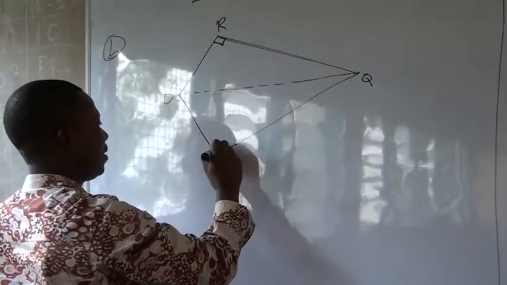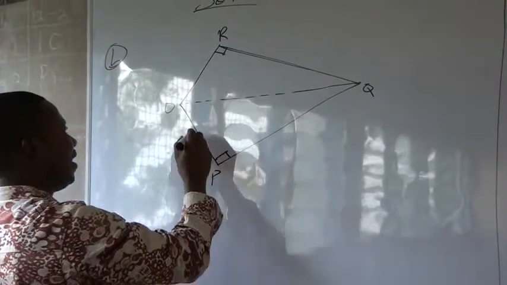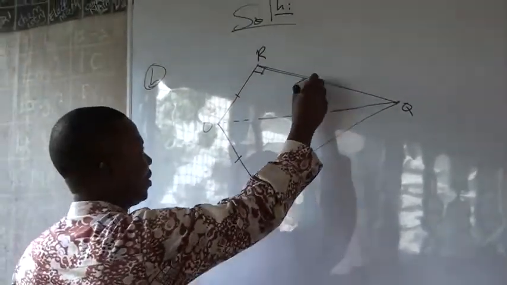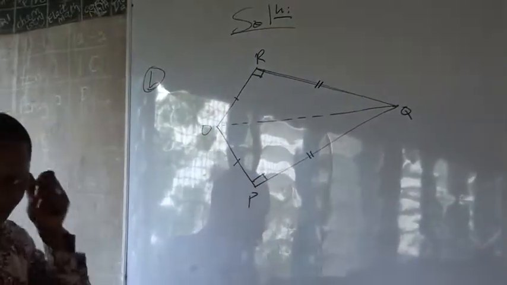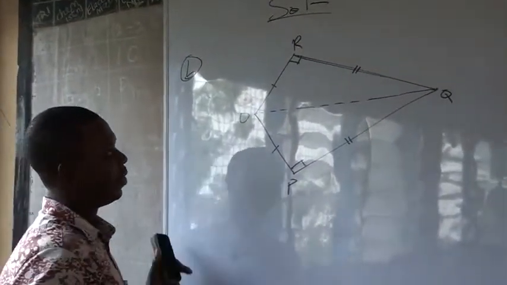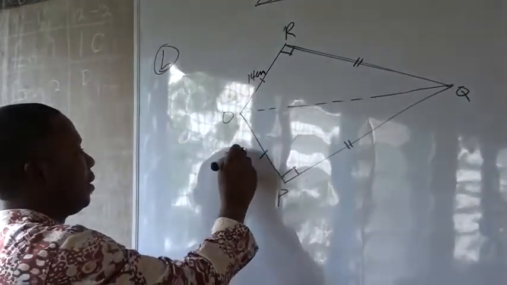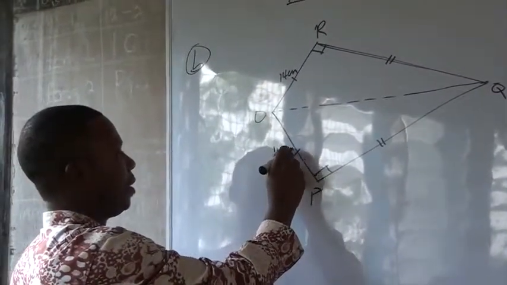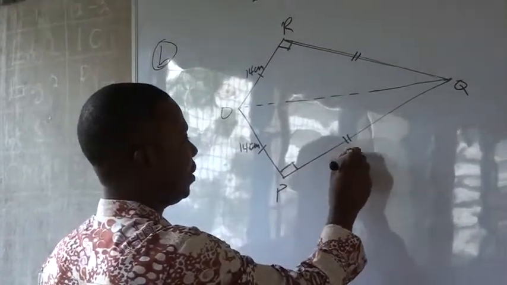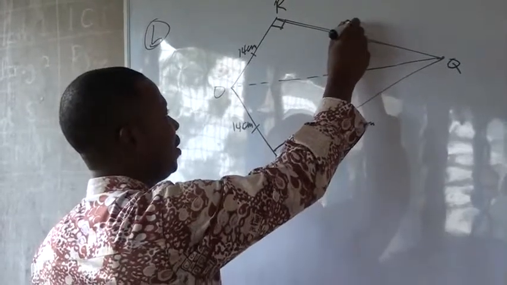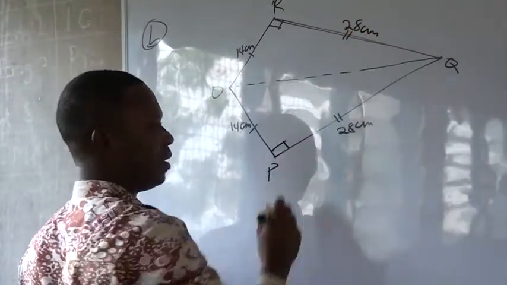This is a right angle. This side is equal to this side. We have this to be 14 centimeters. This will be 28 centimeters.